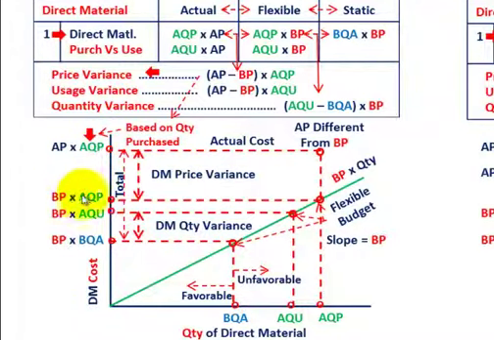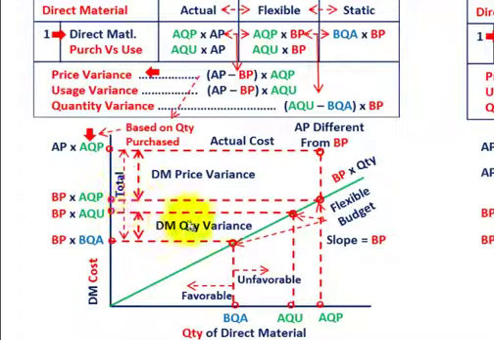That was looking at this point, the actual quantity purchased times the actual price. That's coming off our actual amount up here, versus the budgeted price times the actual quantity purchased. Okay, so that was our direct material price variance, and we're getting that from the price variance here. We factored out the actual price versus the budgeted price times the actual quantity purchased. So we're showing that at those points right here.